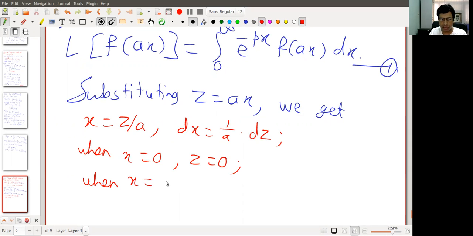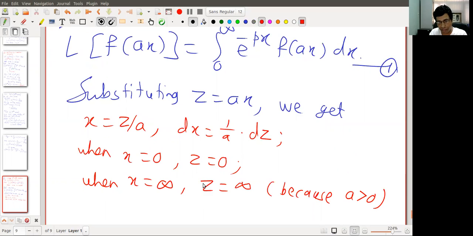When x is infinity, z equal to a into x is also infinity because a is positive. Remember that if a is negative, then here z will be minus infinity. So here we are using a positive.